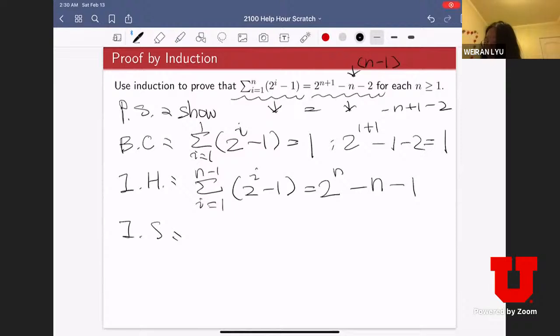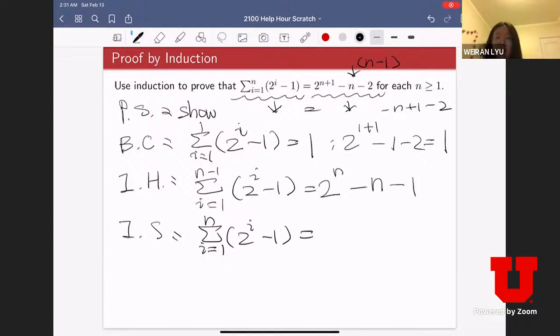So we can start from the left-hand side, where we are trying to show that P of n is true, since we assume that P of n minus 1 is true. So we're starting from here. And how would you utilize the fact that the previous term is true in the hypothesis?